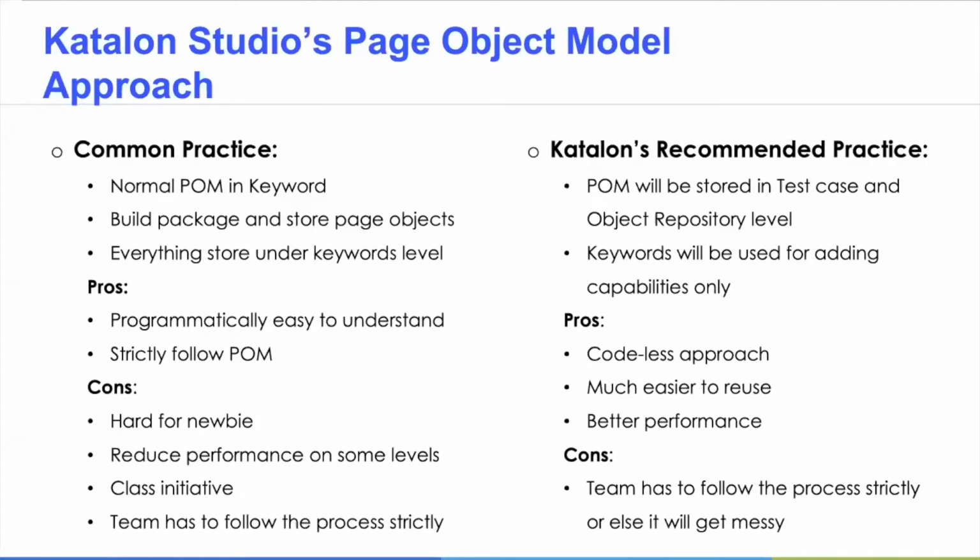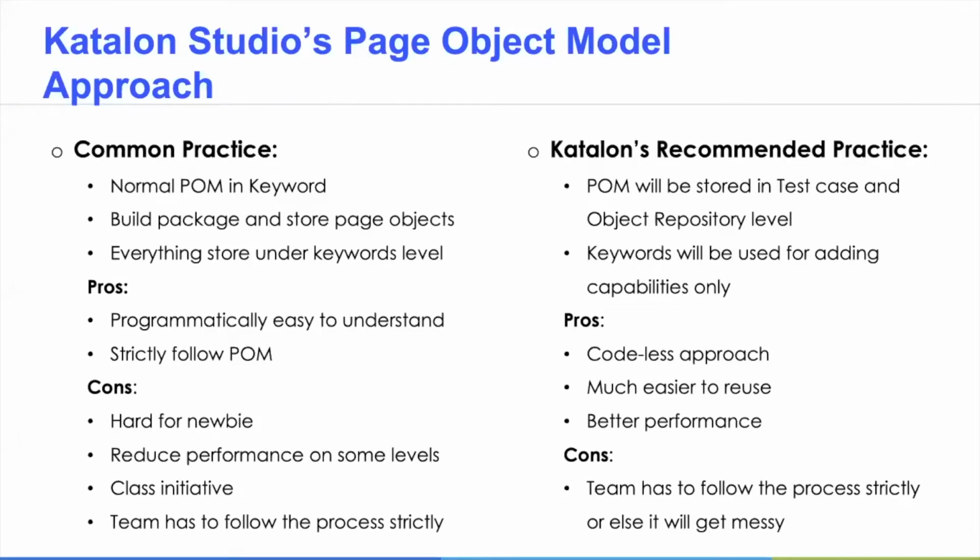Okay. So the first thing I want to tell you about: if you are familiar with the test automation field, you might know the term page object model, right? Basically, Katalon is built upon this model, but because Katalon has been out on the market for about 5 years already, there's a lot of misuse of this practice inside Katalon Studio.